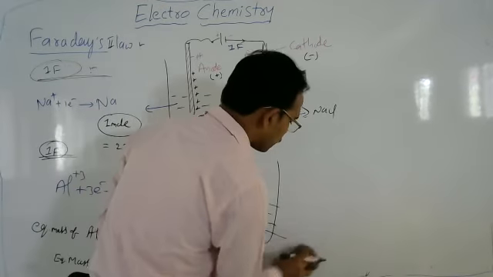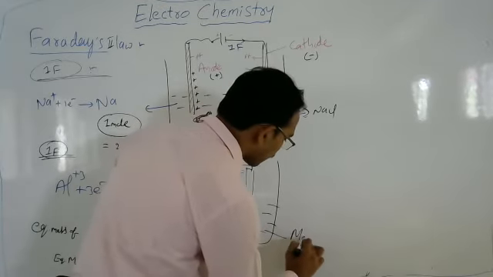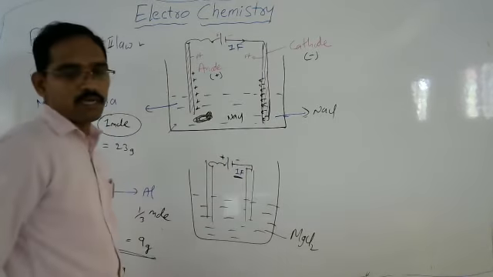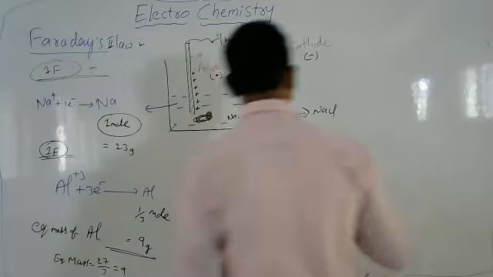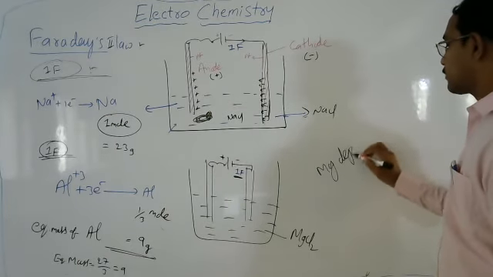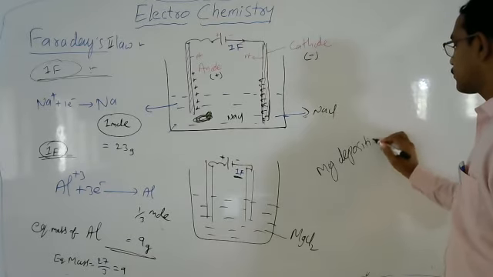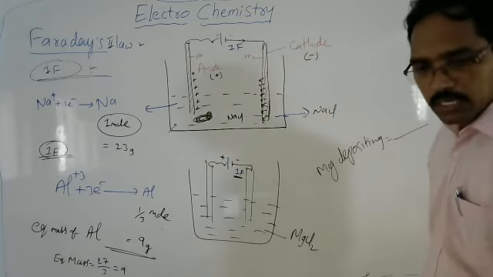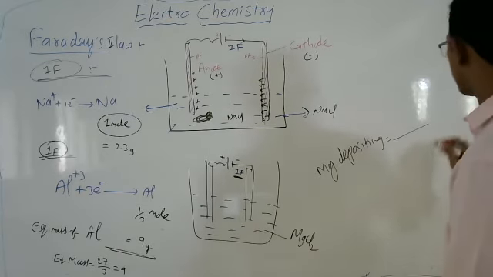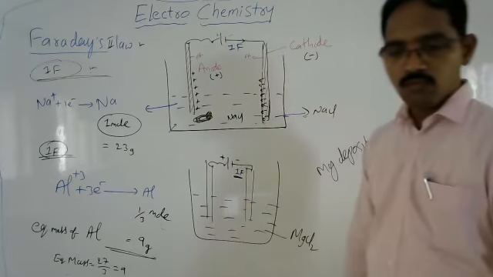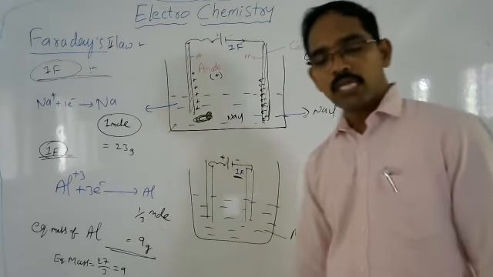Example here. Suppose I use magnesium chloride, using only 1 farad. How much magnesium will get deposited in grams? 1 by 2 mole.